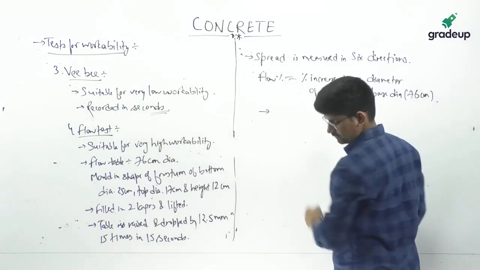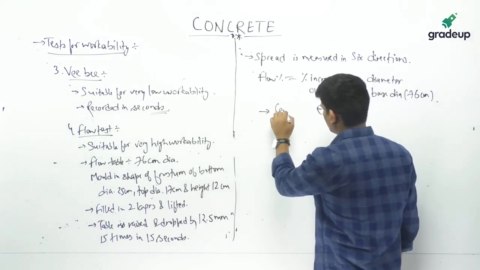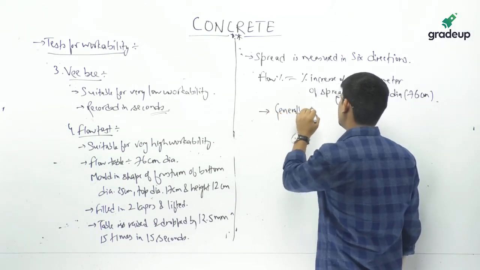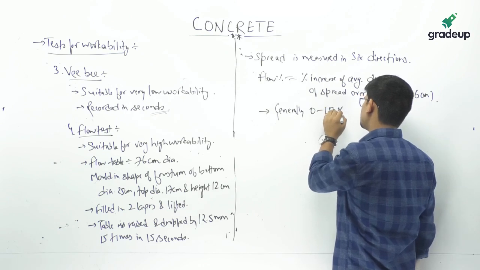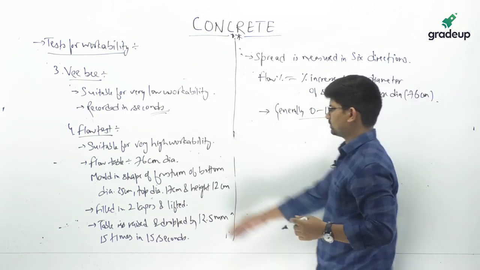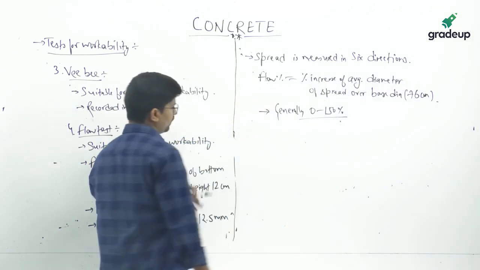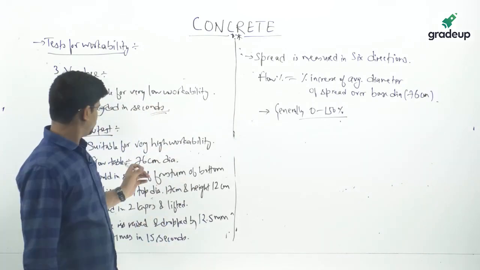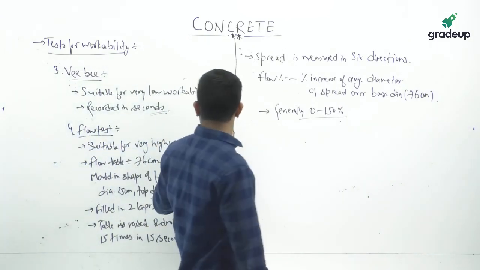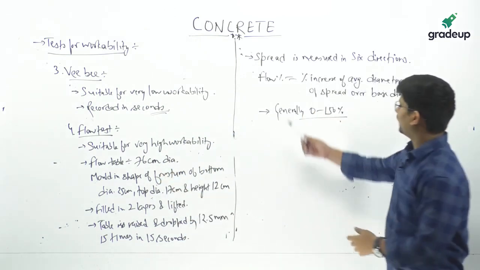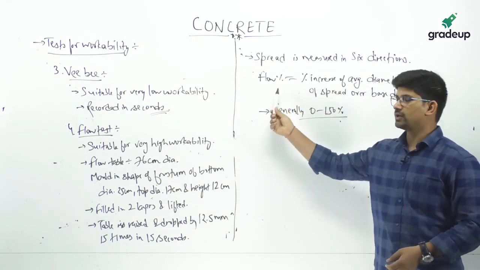This value is generally between 0 to 150 percent. For this very high workability, all other tests are unsuitable and we use the flow test. The procedure is somewhat like this, and it is represented in percentage.